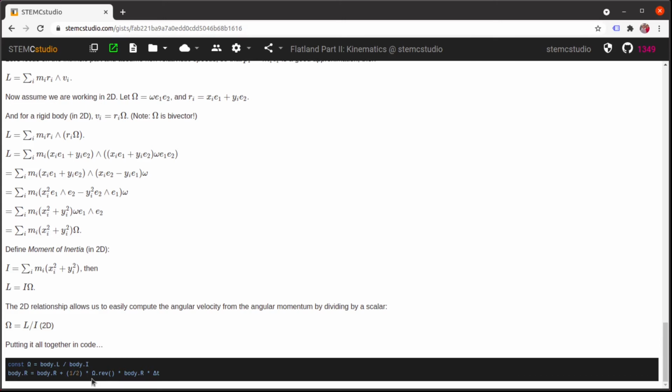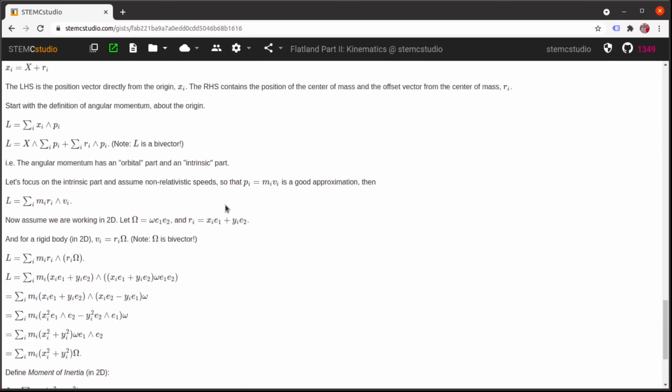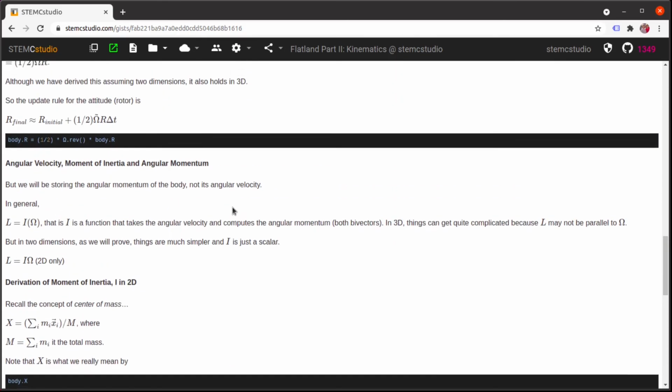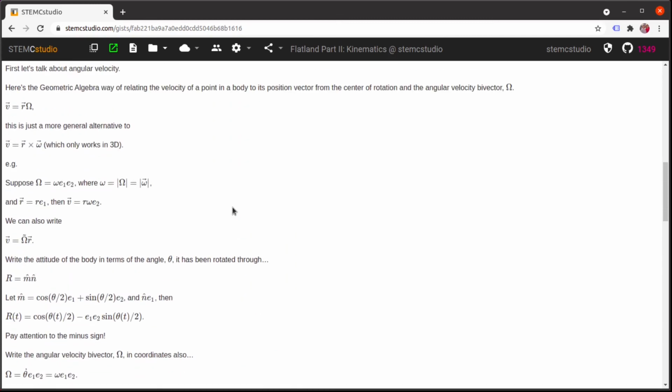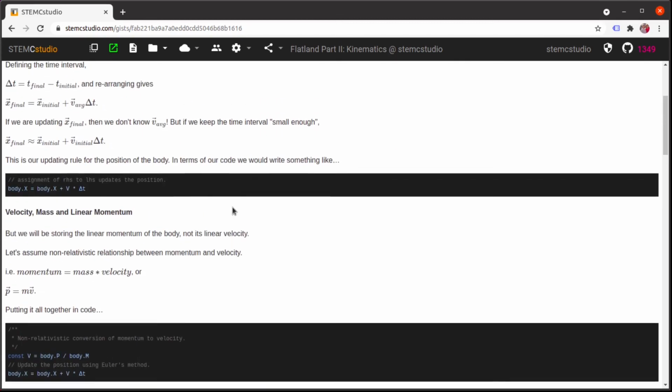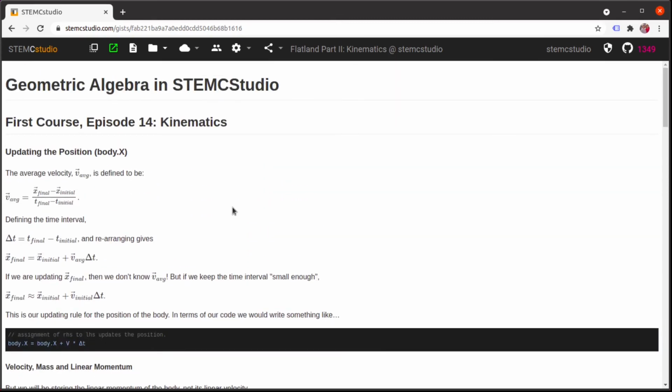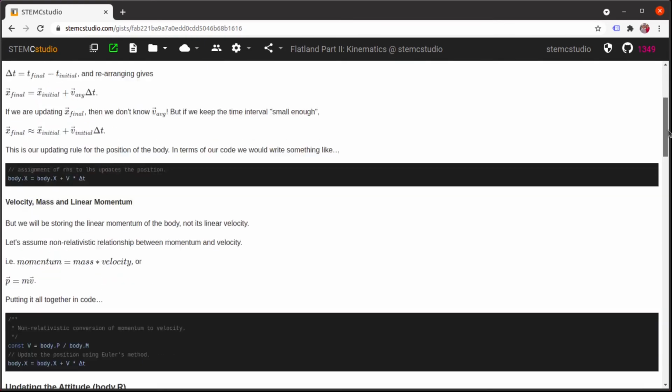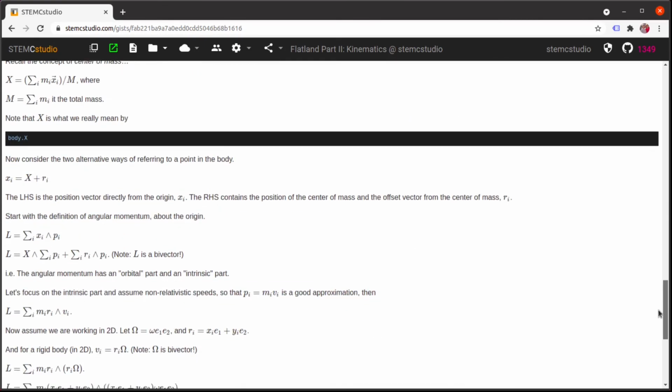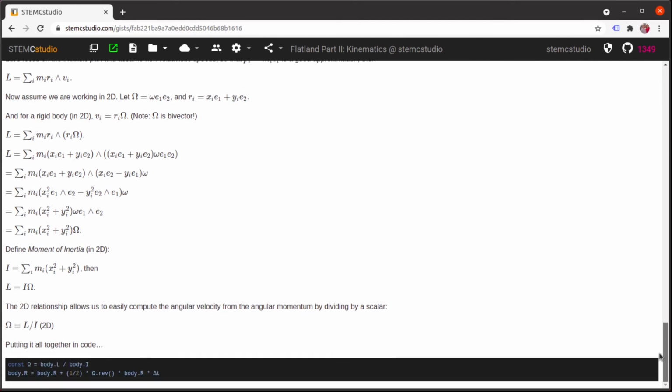That will work as well. Okay, so that's the theory. It's a little bit long and involved, but a lot of it is really great practice at using geometric algebra in 2D. And to be quite honest, in 2D, I don't think it really gets any more complicated than this.